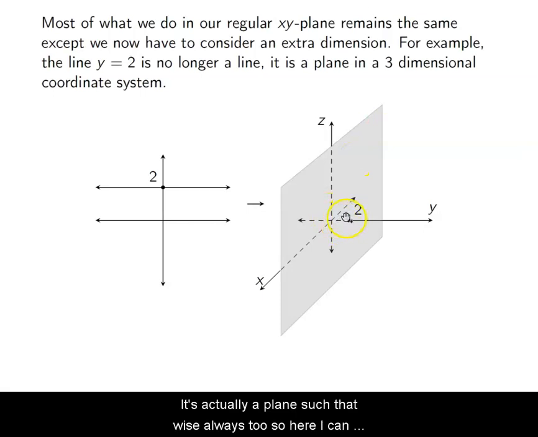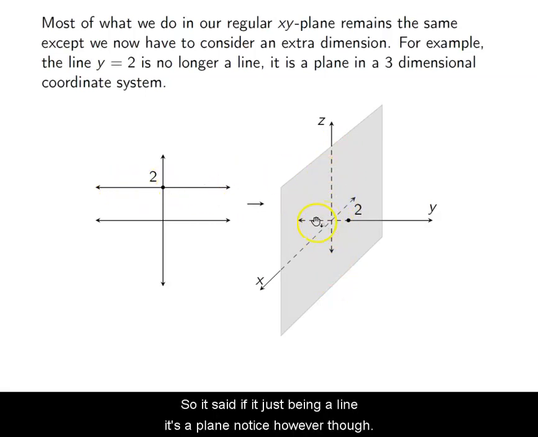So here I can have any value of z and any value of x, but y is always at this value of 2, right? So it's a plane. It goes in this direction infinitely, and it goes up and down infinitely. So instead of it just being a line, it's a plane.